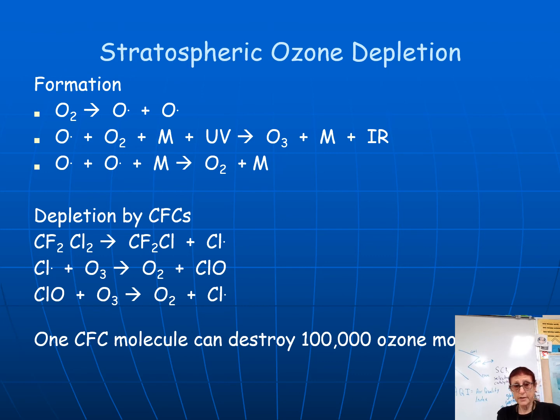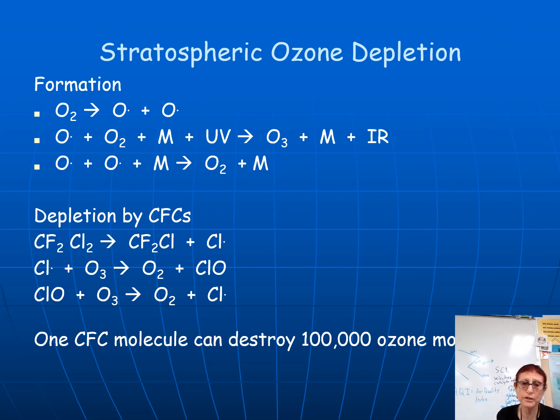So up in the stratosphere, ultraviolet light comes through, splits a molecule of oxygen into those oxygen free radicals. An oxygen free radical can react with ozone. M is a third body. It just represents kind of an inert thing that's there that can be knocked around in there. It's not part of your reaction.